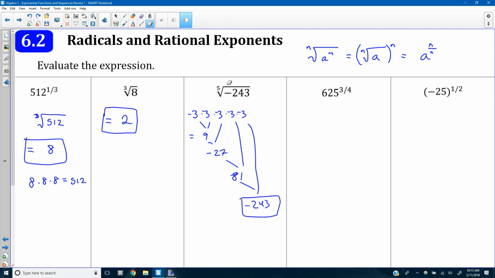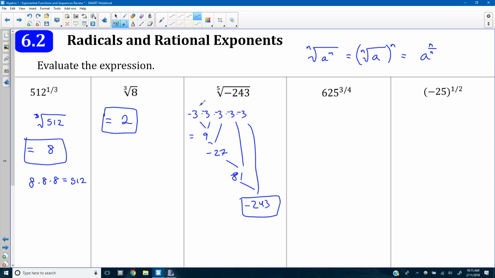Now, this becomes a negative number, and I know some people think that you can't take the root of negative values. That's actually not necessarily true. First of all, you can take the root of any value, positive or negative, but you can't take the square root or something of a negative number and make it be a real number. There's a difference between the two, and we're going to talk about it here. The other thing is that if you do it to an odd root, that means there's an odd number of values being multiplied, and all of them are negative.